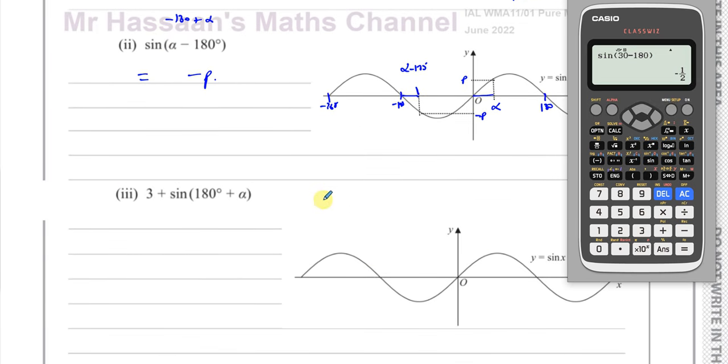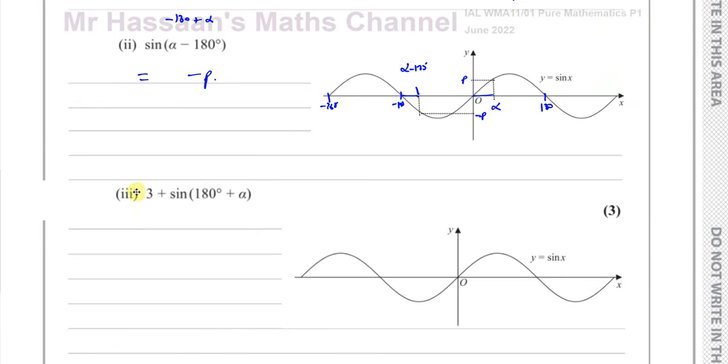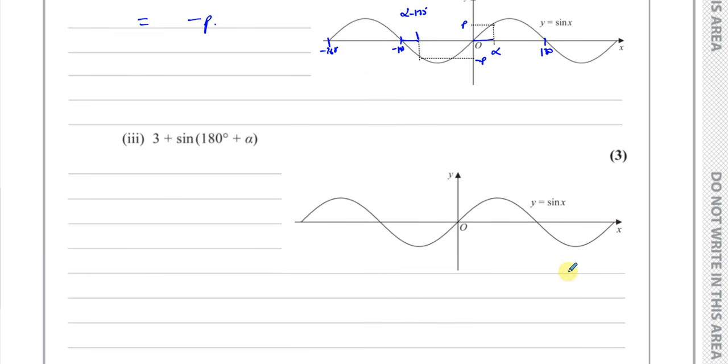And then part 3 says find 3 plus the sine of 180 plus alpha. So now let's do the same thing with 180 plus alpha. If alpha is over here, and that's p, so you have p and alpha.